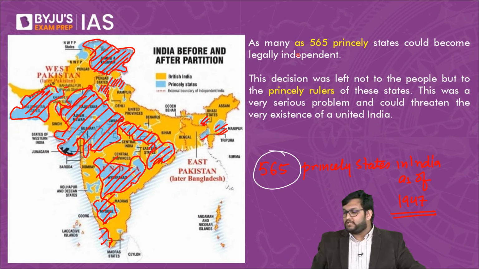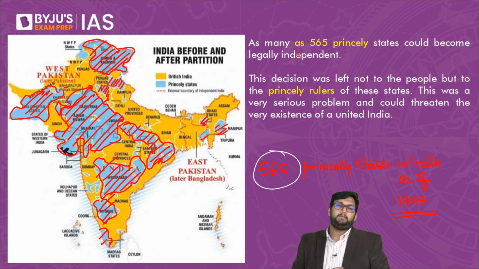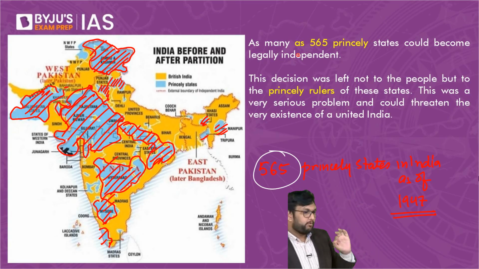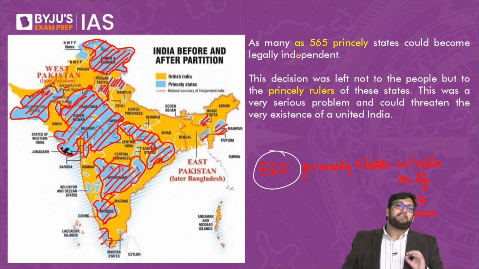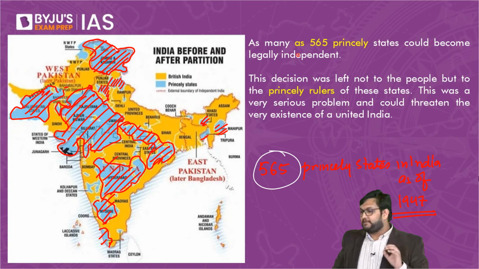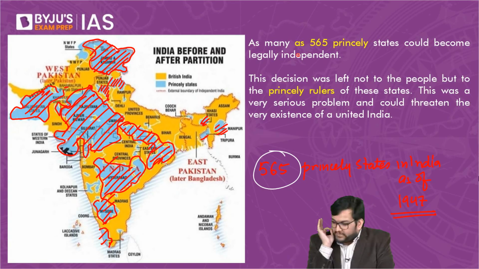In this whole map, only the yellow part becomes independent. The blue part is a challenge in itself, because India could easily become not one country but 566 different countries.